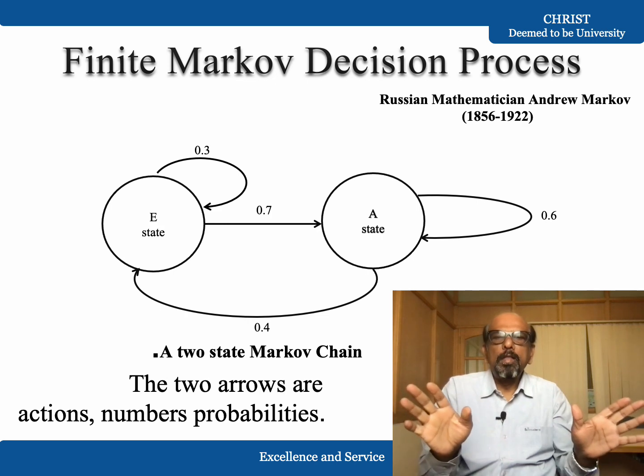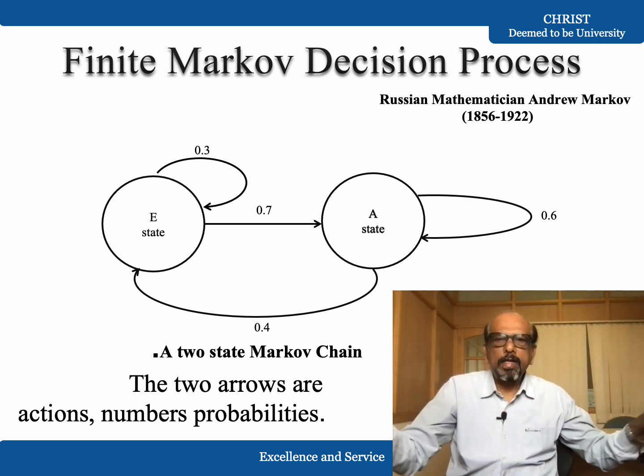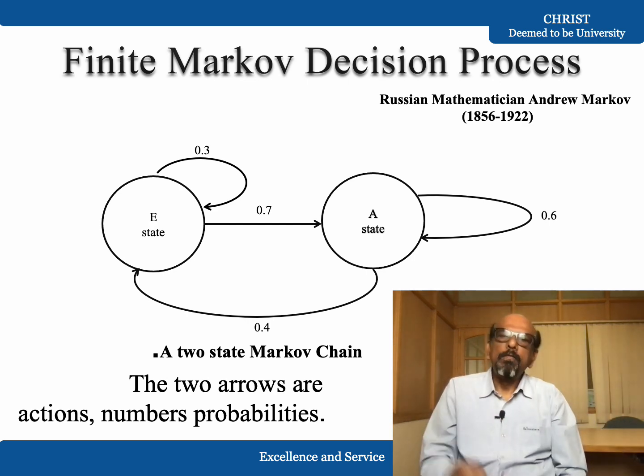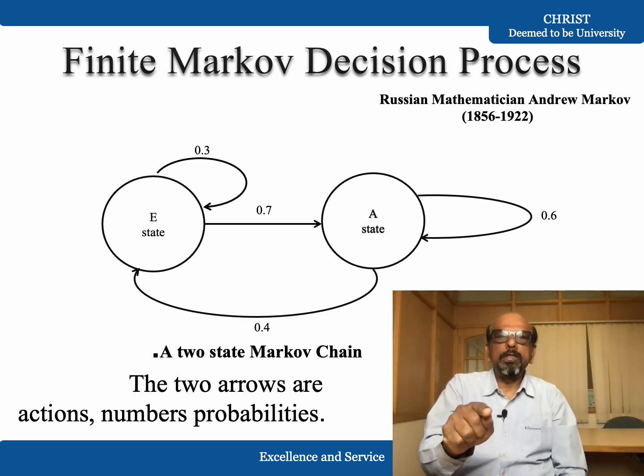So what are the three things? One is you have some finite states. For each state, there is a finite set of actions possible.